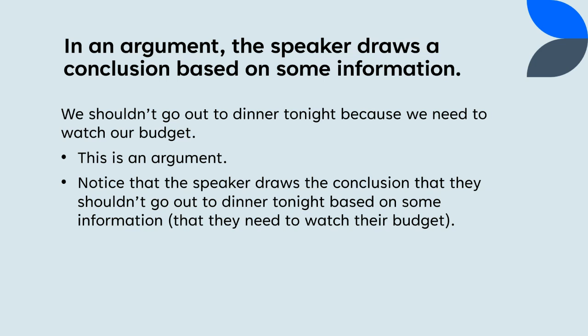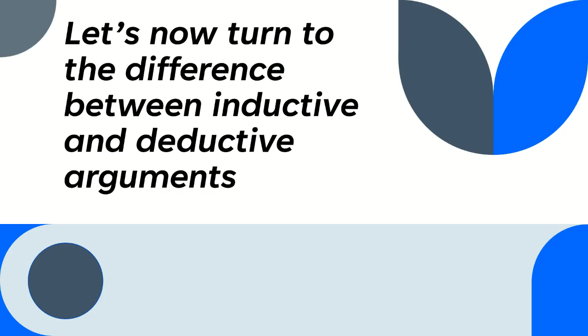We shouldn't go out to dinner tonight because we need to watch our budget. This is an argument. Notice the speaker draws the conclusion that they shouldn't go out to dinner based on some information. They don't just say, hey, we shouldn't go out to dinner tonight. No, they draw that conclusion based on the information that we need to watch our budget. And so that makes it an argument.